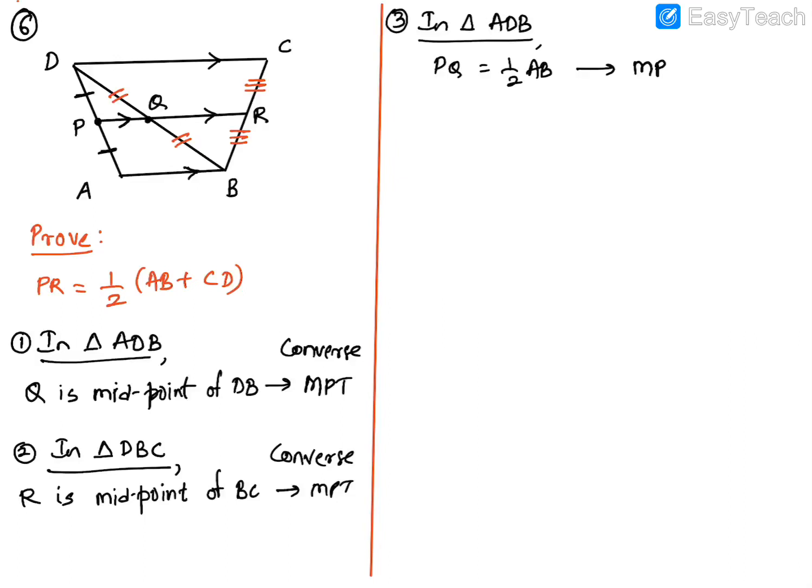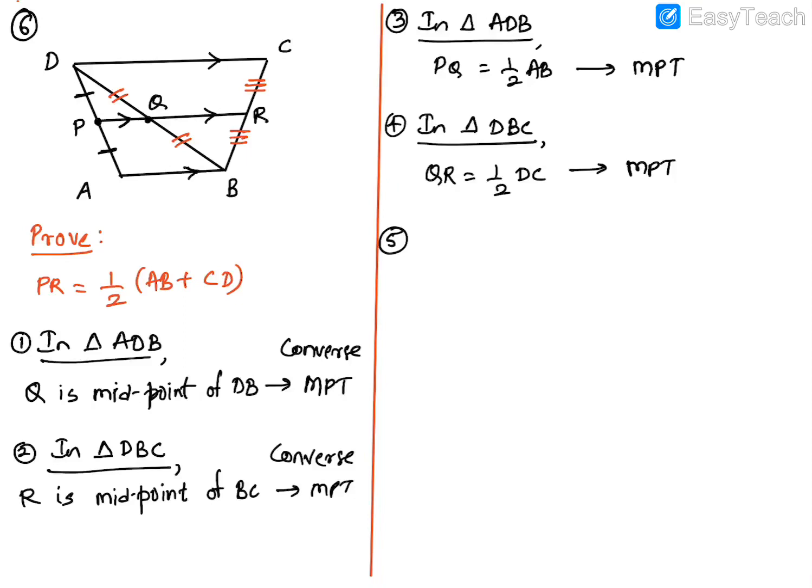Midpoint theorem, because we already have two midpoints P and Q. Number 4: in triangle DBC, QR is equal to half of DC. The reason will again be the midpoint theorem. Correct?